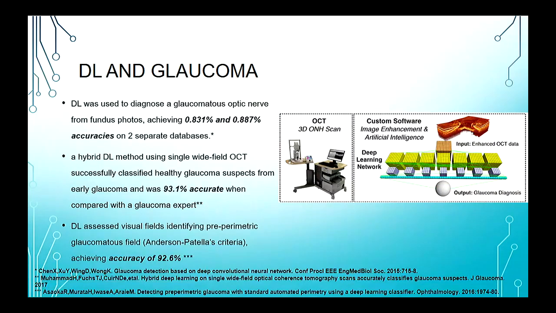Another study looked at the preparametric visual fields to detect glaucoma, 92% accuracy. And these are accuracies against an ophthalmic performance. So an ophthalmologist was trained to do this, and then the deep learning network is trying to match that performance.